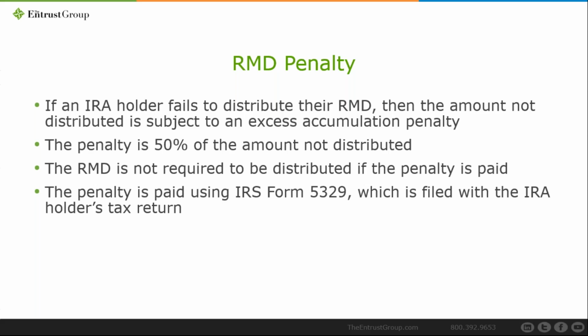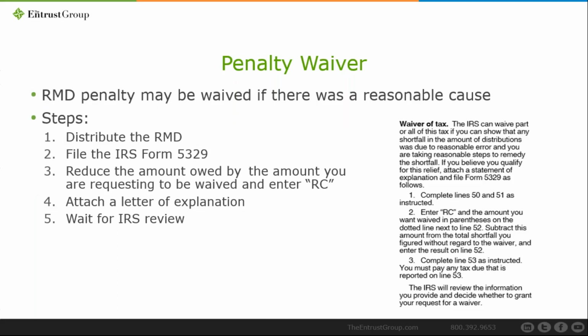And the reason why I say the term maybe is because what if an individual has a reasonable cause, or a reasonable reason, why they failed to take out a distribution called an RMD? Well, the IRS says, put forth a good faith effort to correct the issue. What's the most prudent way to correct the issue? Distribute the RMD even if it's after the due date.